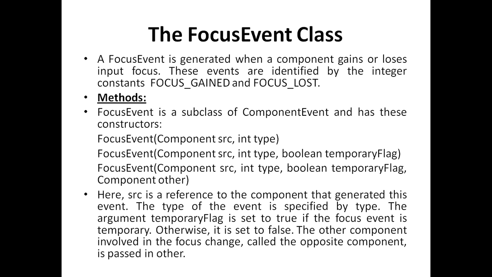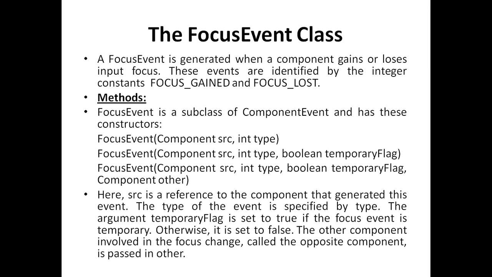There are 3 types of constructors we can use in this FocusEvent class. First constructor takes 2 parameters: source and type. The second constructor takes 3 parameters: source, type and temporary flag. The third takes 4 parameters: source, type, temporary flag and other.